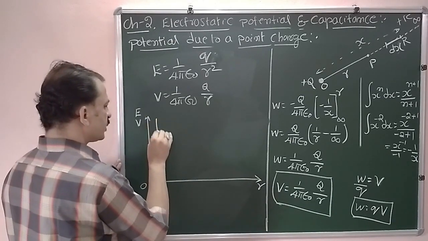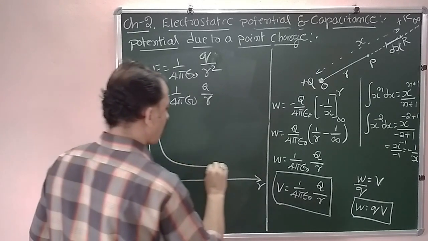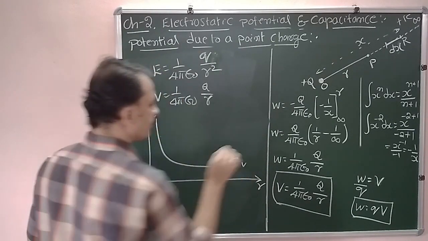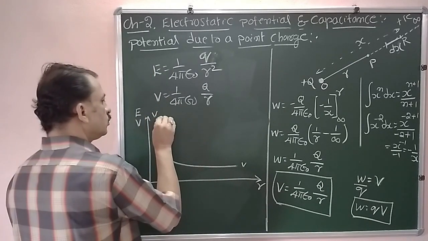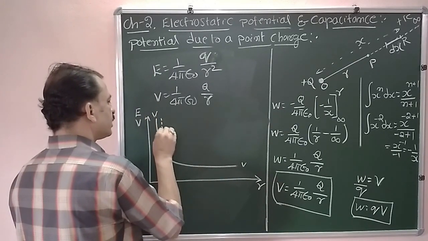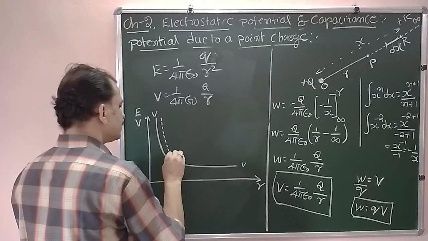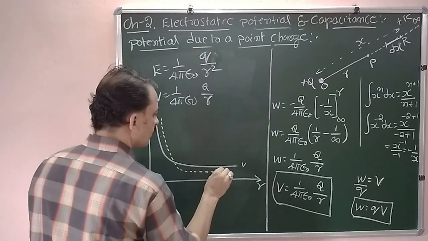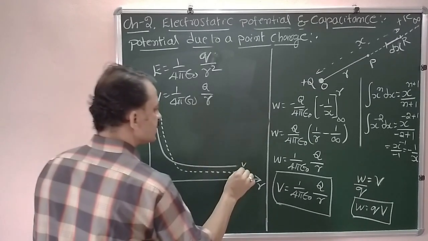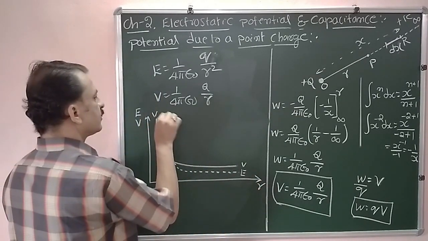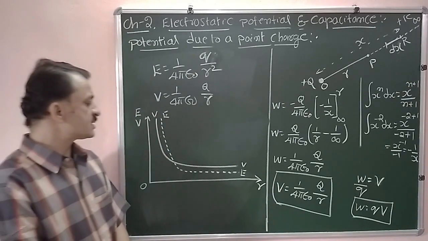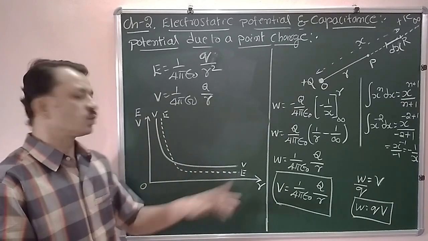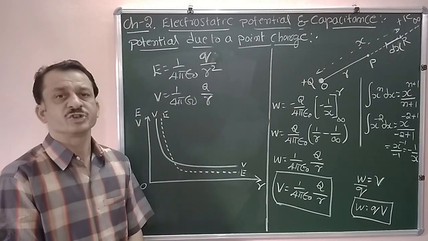First graph is potential V. Now the second graph, that I am representing by the dotted lines, is the electric field. So the dotted line represents the electric field and the curved solid line represents the potential.